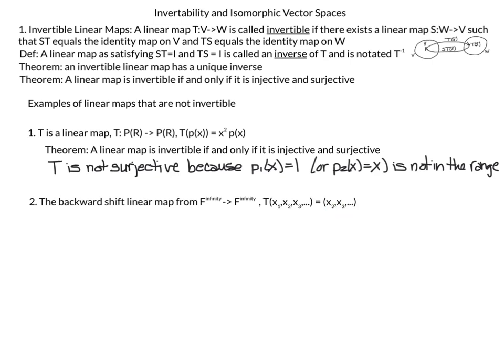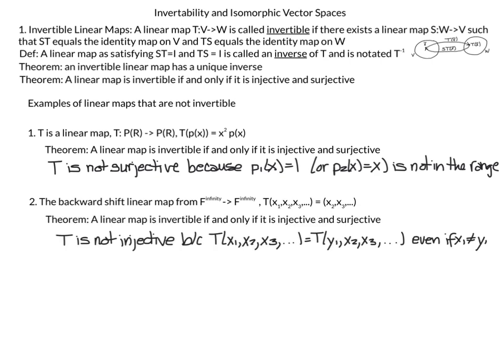The thing about this is it's not one-to-one because there are multiple vectors that can map to the same result. Just looking at our theorem, a linear map is invertible if and only if it is injective and surjective, but here I'm telling you it is not injective because these two sequences, x1, x2, x3 on to infinity, and y1, x2, x3 on to infinity, map to the same vector.